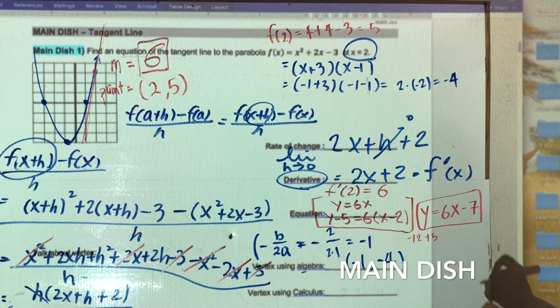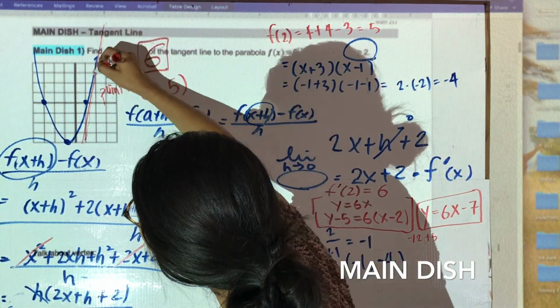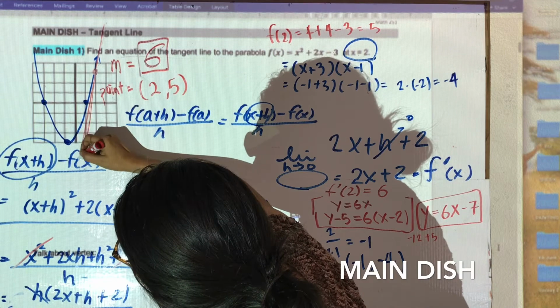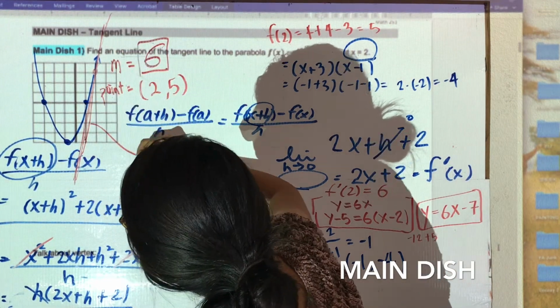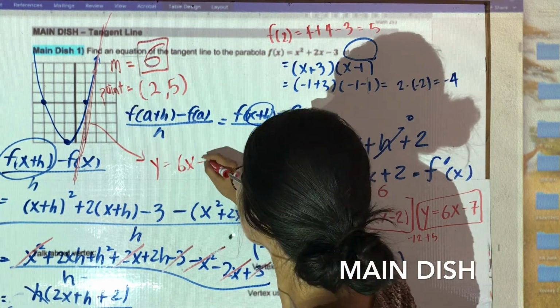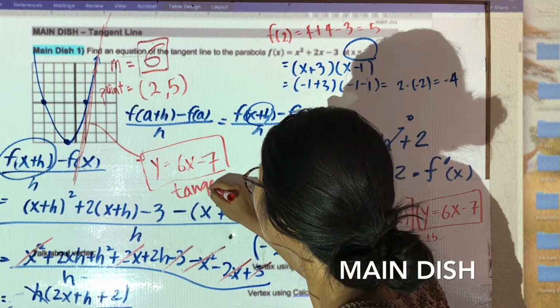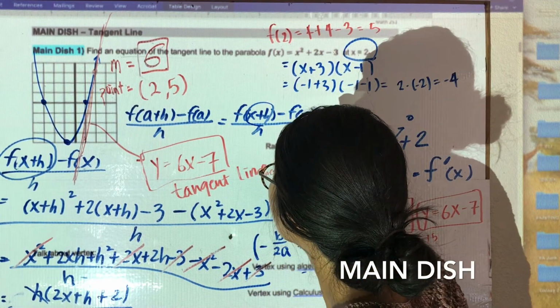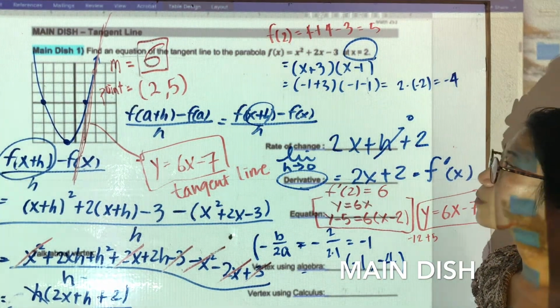So the tangent line at 2 is y equals 6x minus 7. If I graph this, it's going to pass through this point. Looks like it, right? So we found the tangent line y equals 6x minus 7.